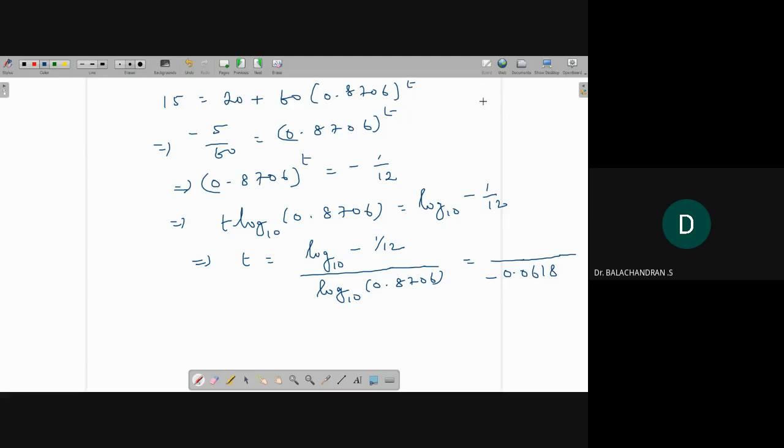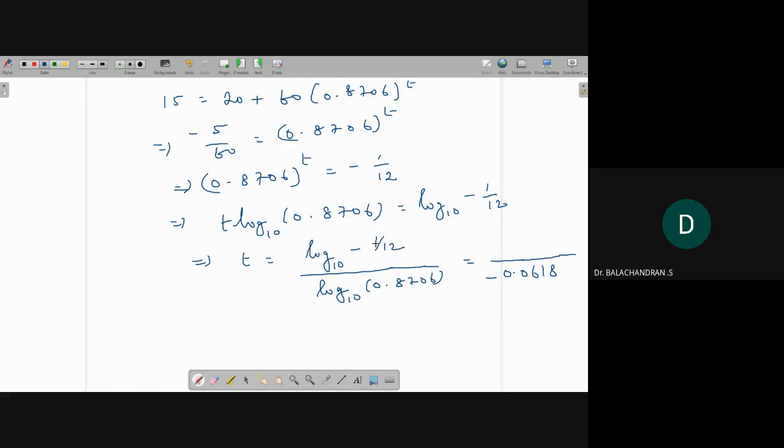Because using calculator, log of negative number, actually you can't find it. Because if you take log on both sides, you'll get log base 10 minus 1 by 12. So you are getting log of a negative number.